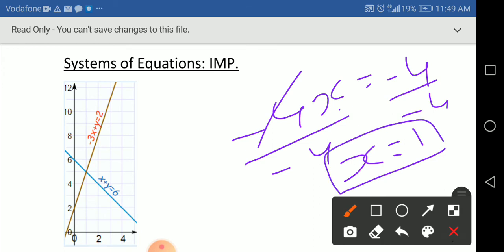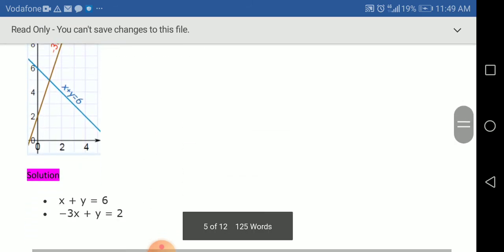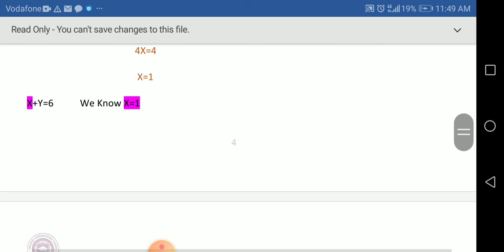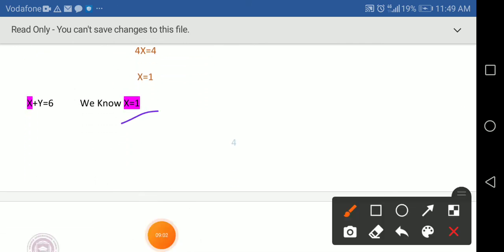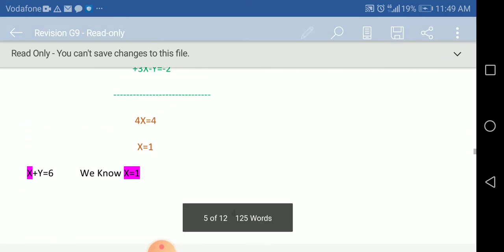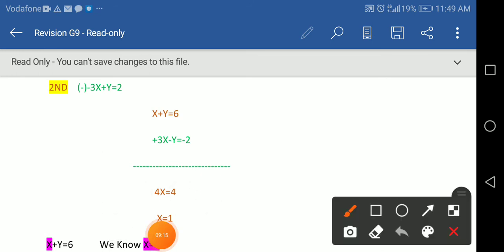Can we solve for y now? Yes, we can. How can I do it? I will take x equals 1 and substitute in the simpler or easier expression. The easier expression is what? x plus y equals 6, or positive 3x minus y equals negative 2.